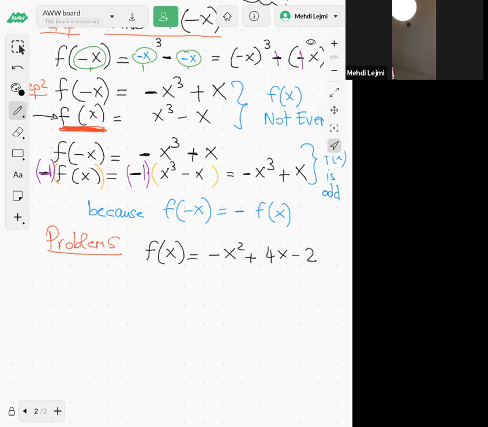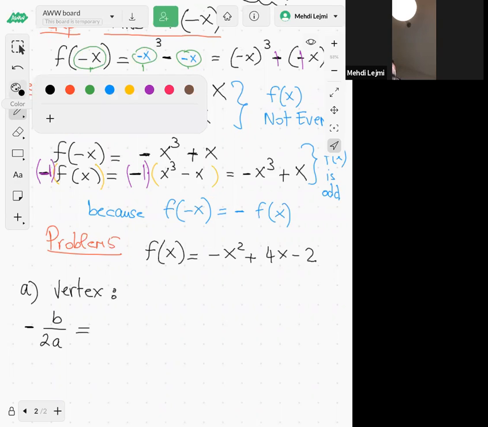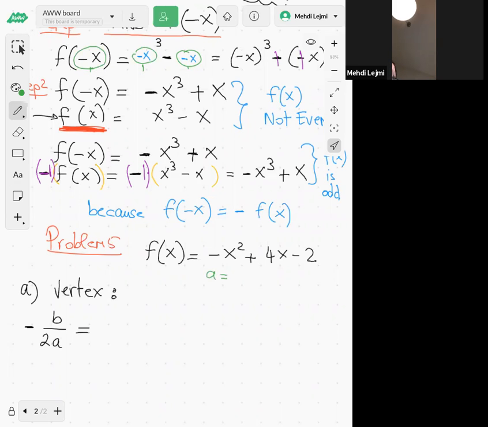Now for part a, you have to find the vertex. How do you find the vertex? You have to find minus b over 2a. Here, a is -1, b is 4, and c is -2. So minus b over 2a is minus 4 over 2 times -1, which is -2.